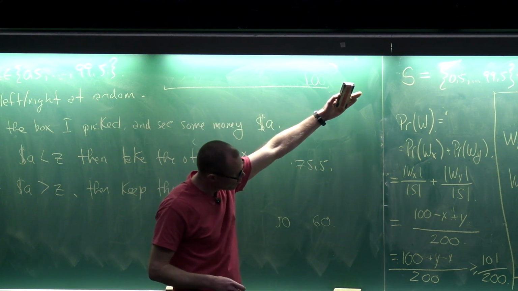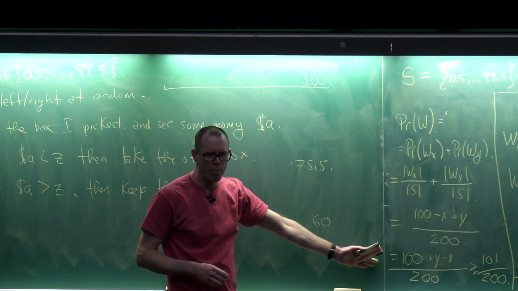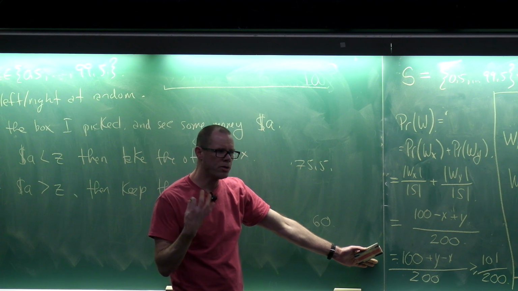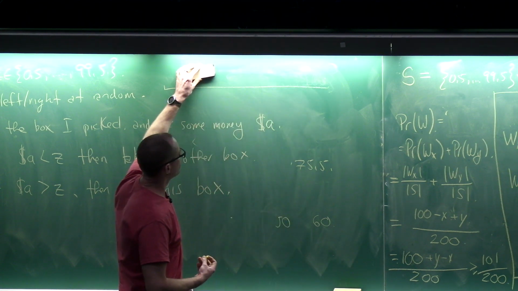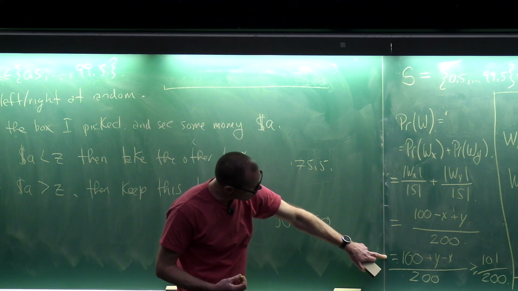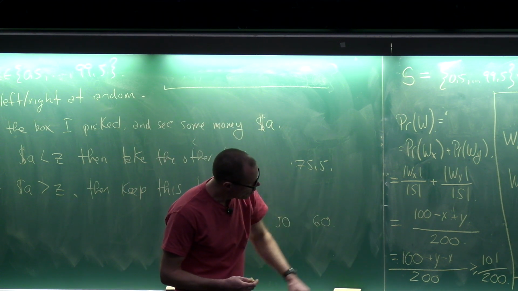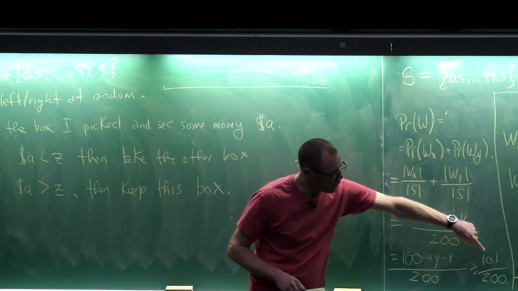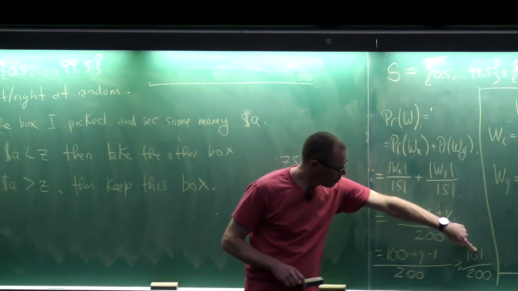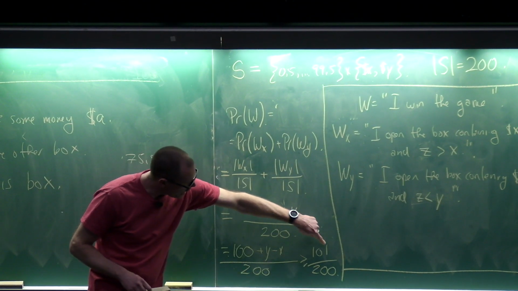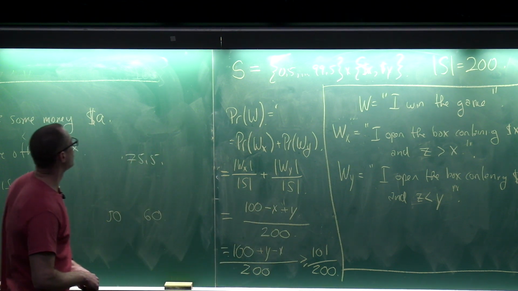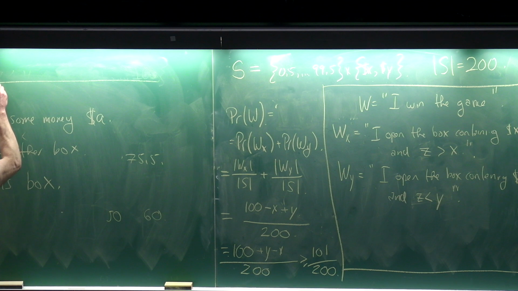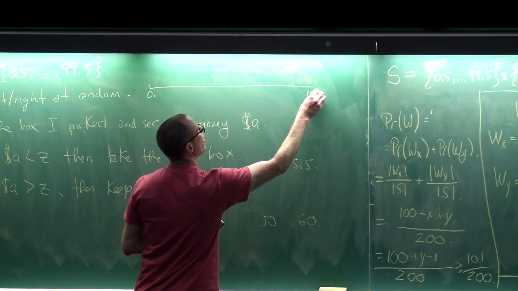The way to see this is just by proving it, but there's also a sort of intuitive explanation for it, which you can really see from this last inequality where I said that this is bigger than or equal to 101. But actually, the extra 1 here is just the difference between x and y. So really the game looks something like this. You've got a 0, you've got 100.